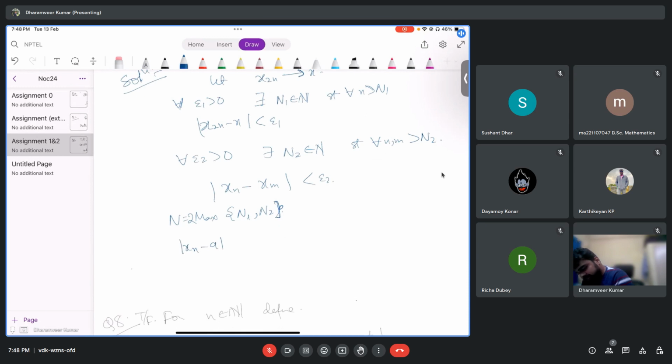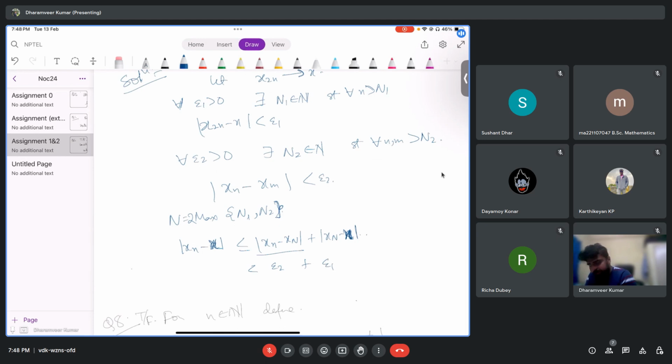xn minus x is bounded by, and this is bounded by epsilon 1 from this Cauchy thing, epsilon 2, and this is bounded by epsilon 1.